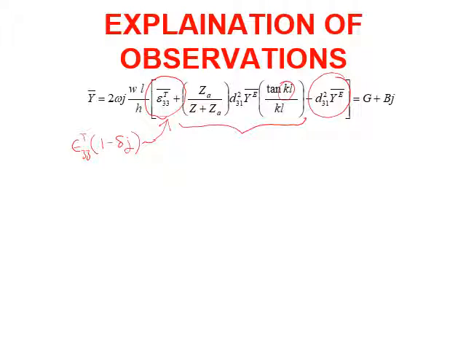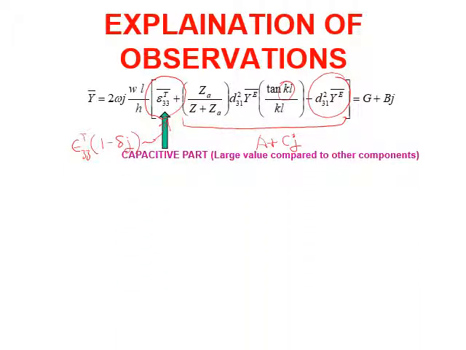If we take this complete part and call it A plus Cj, we can expand it and bring it to this format, A plus Cj. Basically all the terms here have some real part and imaginary part, so we can bring it to this particular format. Then if we do the solution, this is the capacitive part.